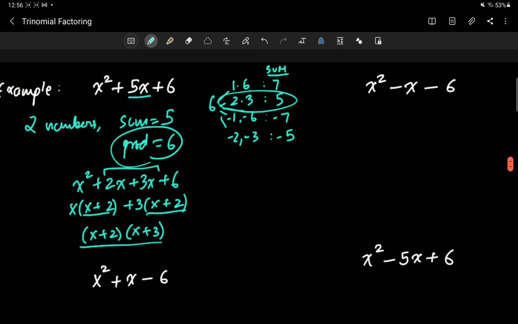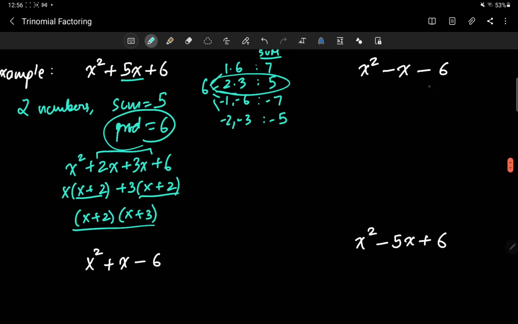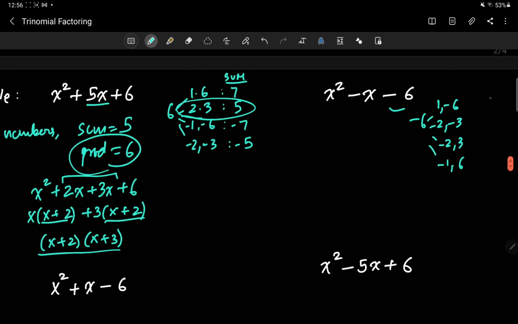Let's do some more examples. Here I need the product to be negative 6. To get a product of negative 6, I need 1 and negative 6, 2 and negative 3, negative 2 and 3, or negative 1 and 6. What are their sums? Negative 5, negative 1, positive 1, and positive 5.